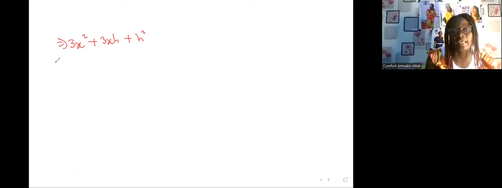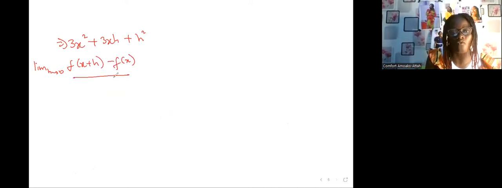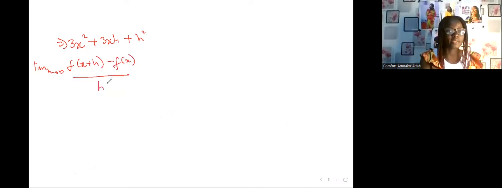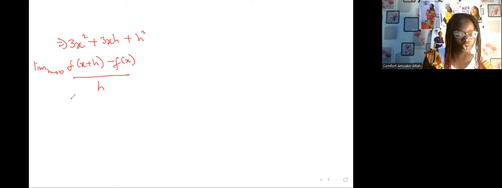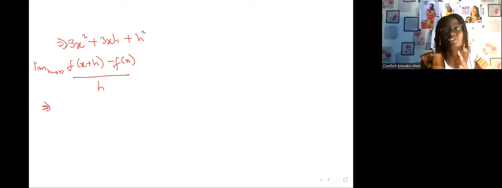Then we come to the last step, that is the limit of h approaching 0. What happens? That is the last step, f of x plus h minus f of x over h. All right. So it means that wherever we see h, put 0 over there. That's all.